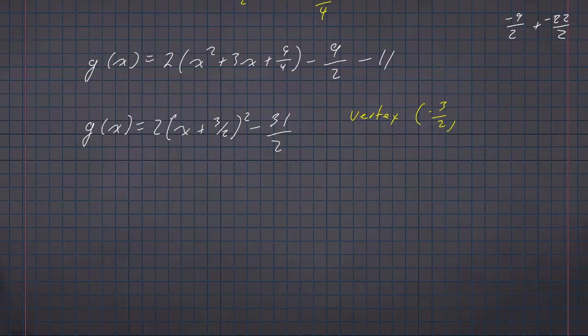And then the y component will be -31/2. So we have our vertex. Exact form with exact fractions is generally best if you're trying to report the vertex on its own. If you are trying to graph it or work from there, dividing these out and calling it -1.5 and -15.5, probably going to make your life a little bit easier.